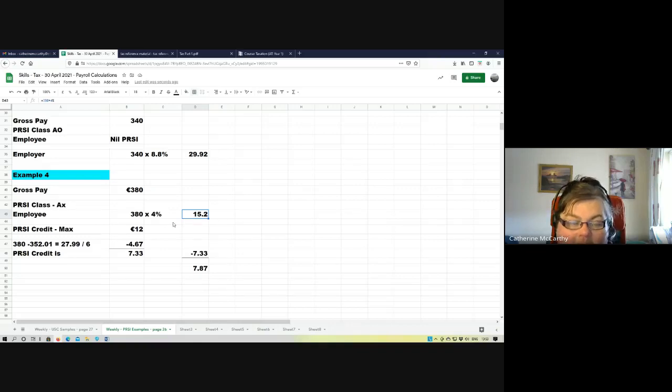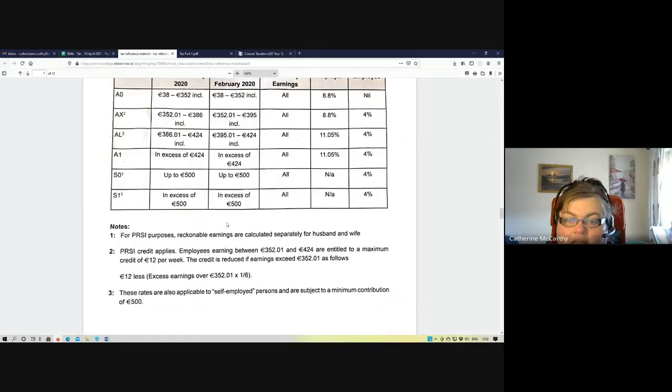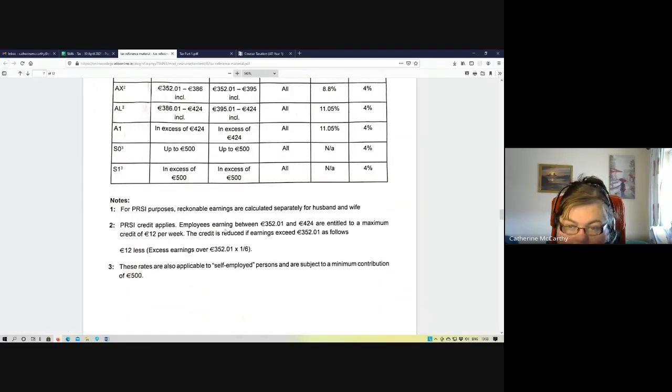Because that person is earning between 352.01 and €424, whenever you get a weekly person, go into your tax reference material and check the earnings for the PRSI credit. The max credit you can get is €12, but that's reduced.